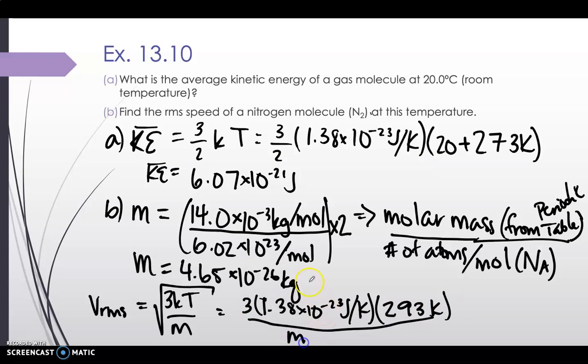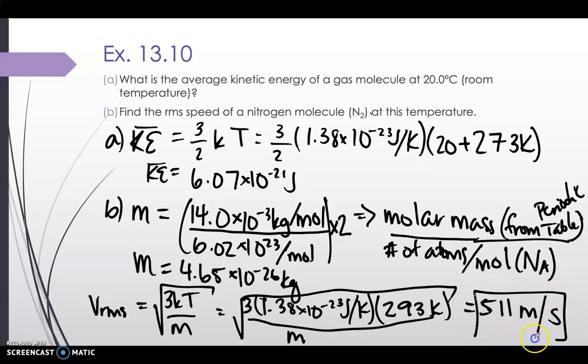Divided by our mass, I'm just going to put m, that's what this number is, and take the square root. And plugging all of that into your calculator, you will get 511 meters per second. So this is the speed of that nitrogen molecule at room temperature.